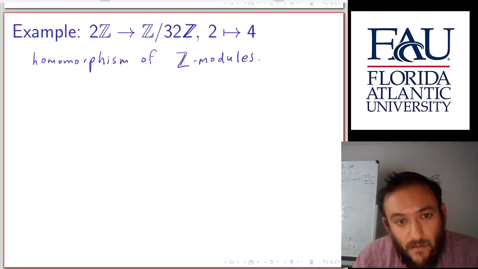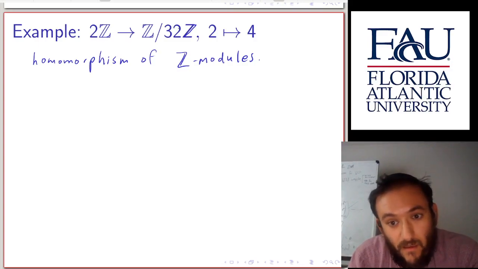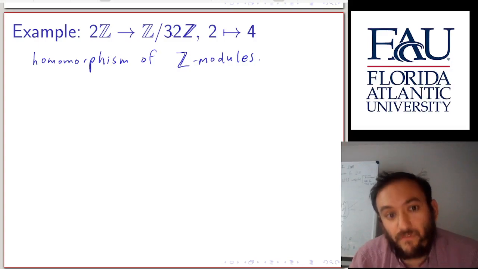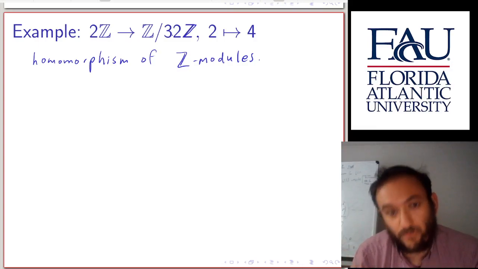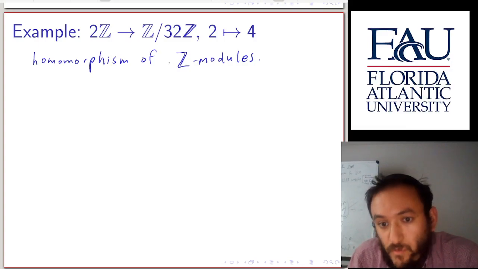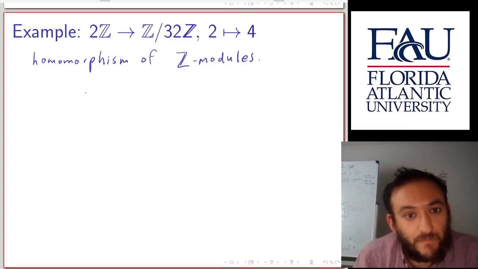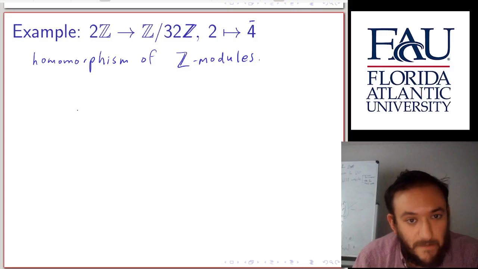The first one is an ideal, and we know ideals of a ring are modules over that ring. And the second one is a quotient of a module by a submodule. And since a ring is a module over itself, and the ideal is a submodule, it will also be a module. So we have a homomorphism of Z modules sending 2 to, let's say, the equivalence class of 4 in Z mod 32Z. Then how does this work?